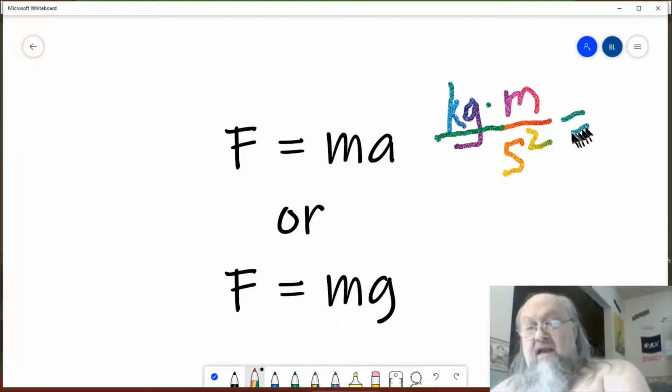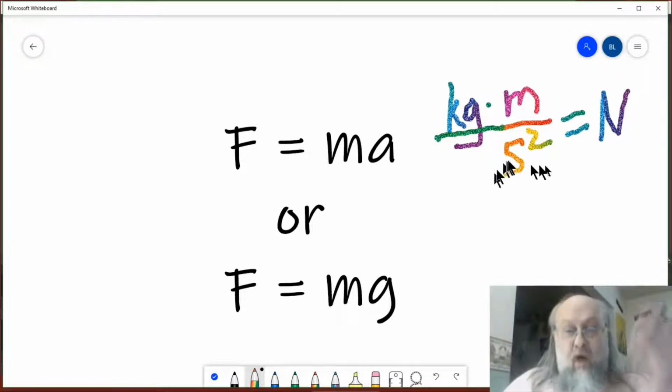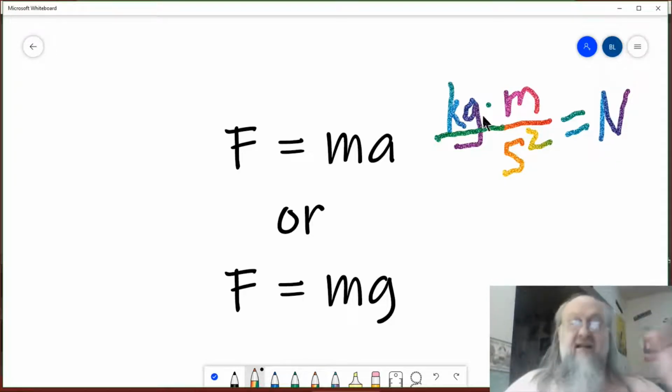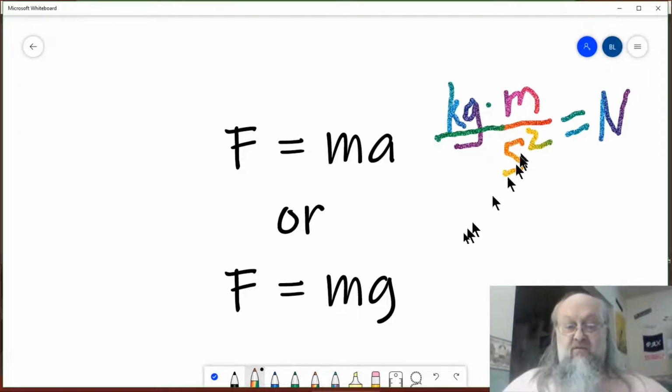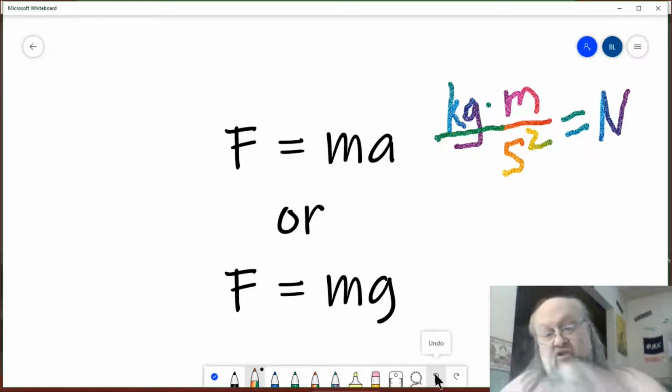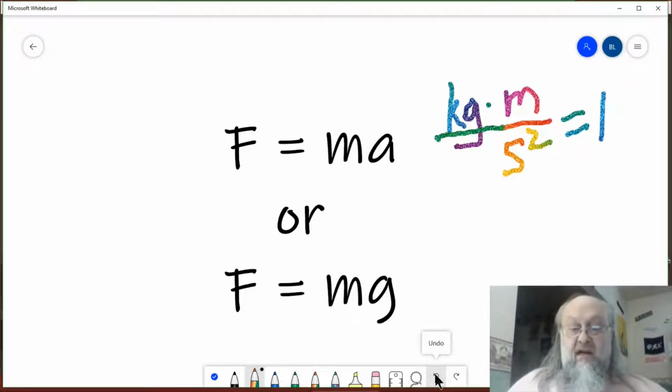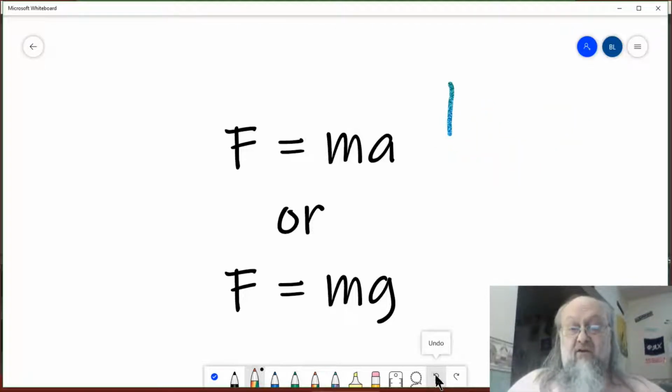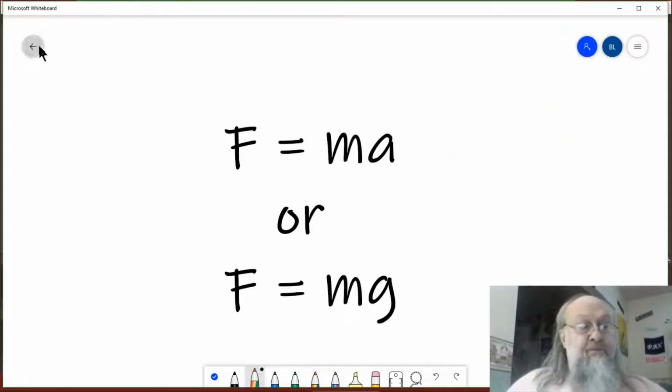We made up the name Newton, and we said 1 Newton equals 1 kilogram meter per second squared. So since Newton was a new thing and we just made it up, we didn't have to worry about what I'm going to talk about here on this other one.